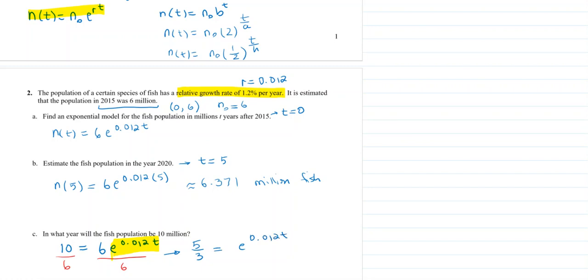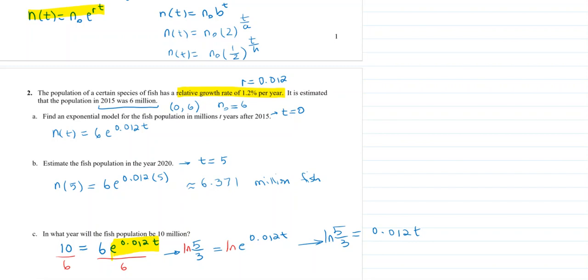And now to bring that t down, we'll just take the ln of both sides. And the nice thing about having that e is that ln of e, basically they cancel each other out, and that just leaves us with that 0.012 t. So we get ln of 5/3 equals 0.012t.